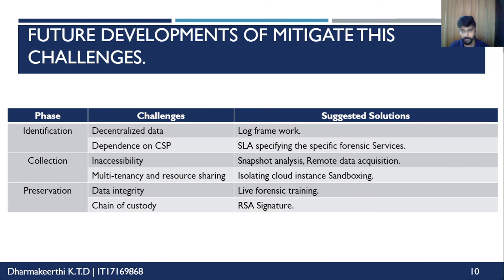The next one is chain of custody. We can use an RSA signature. This RSA signature can be used to verify the chain of custody and data integrity. These are the suggested solutions used in future development to mitigate these challenges.